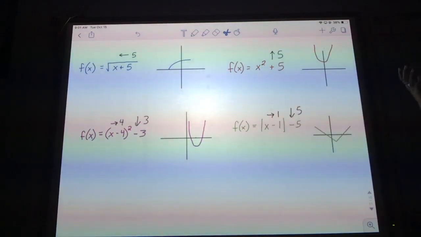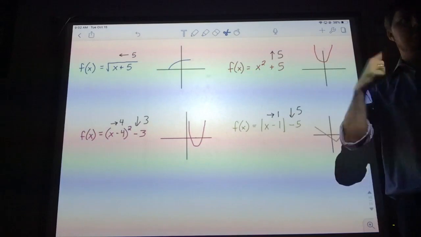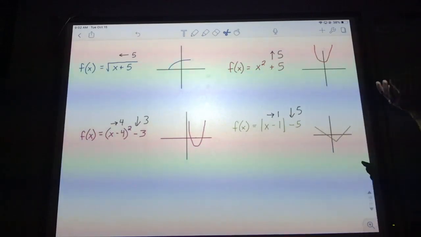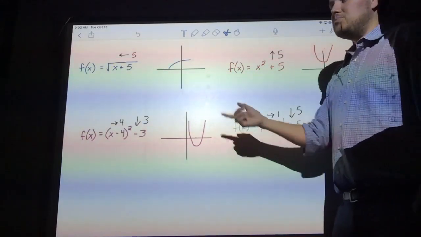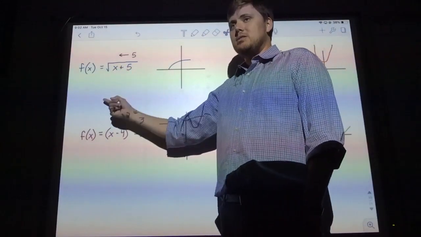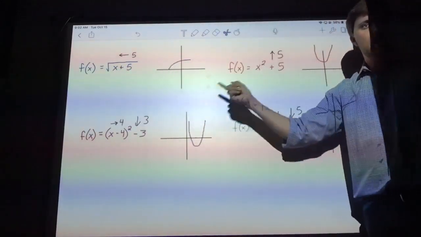On these problems, because these are multiple choice on your test and on your homework, another way that you could do it, if you forget, because some people just get stressed out and forget which ones move left and right and up and down, is just make a small table and plug in a couple x's. See which ones end up on your graph.